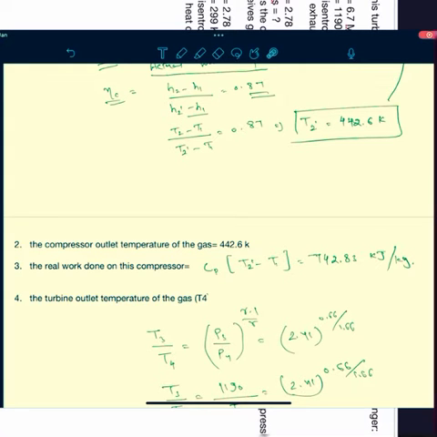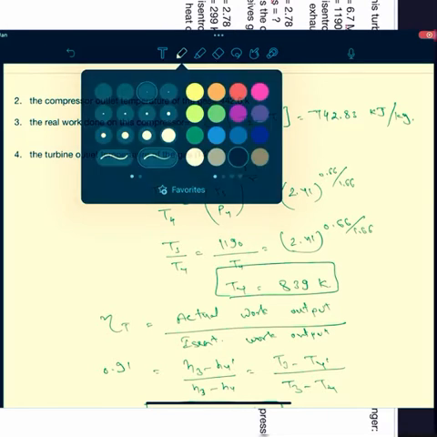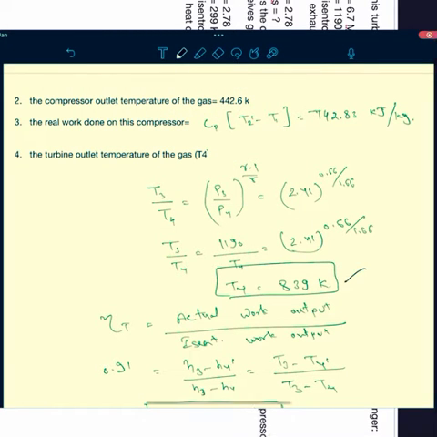Similarly, the turbine outlet temperature of the gas for the process 3 to 4, I can use this formula T3 upon T4 is equal to this one. So if I find out the isentropic temperature at the outlet, T4 will come out to be 839 Kelvin.